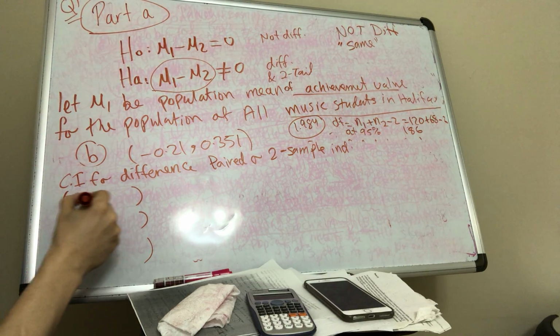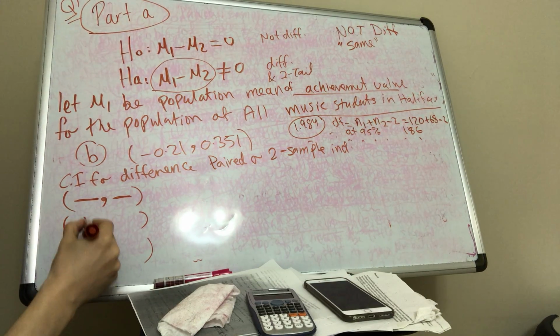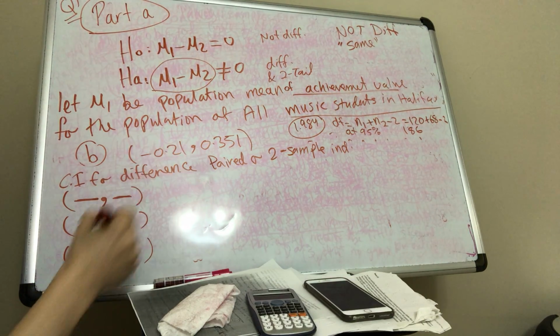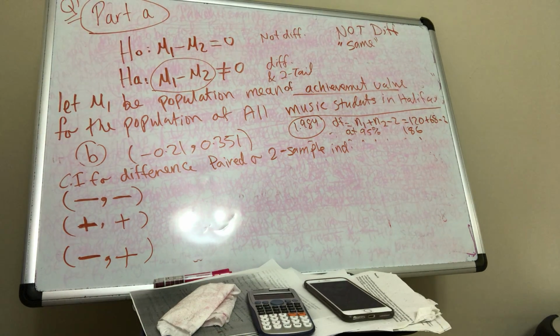It could be that the first number negative, the second number negative, or positive, or you have negative, positive.